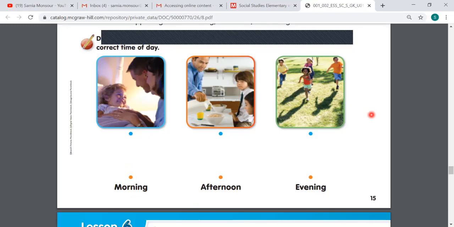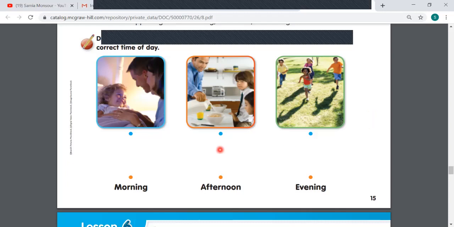Look at the pictures for clues. Okay, have you figured it out? All right, over here, it looks like mom and dad are putting their child to bed.